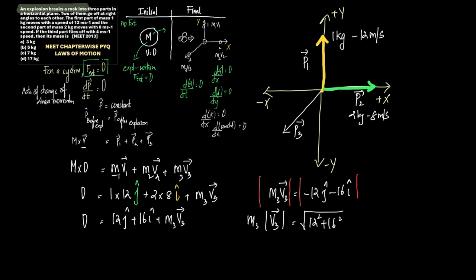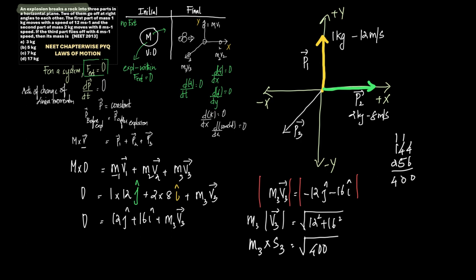What is magnitude of velocity? Magnitude of velocity is nothing but speed, right? So we have speed of 3 is equal to root of 12 square plus 16 square, which is nothing but root of 144 plus 256, so it is 400.